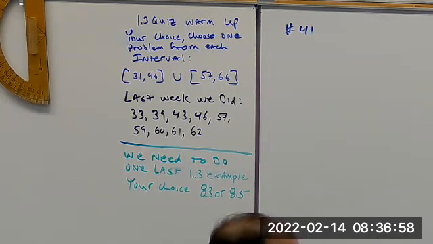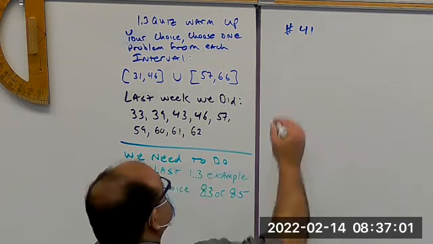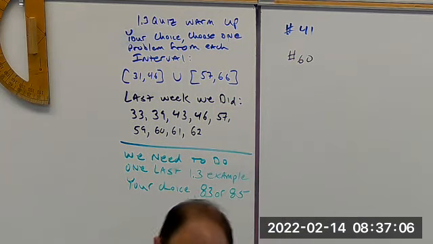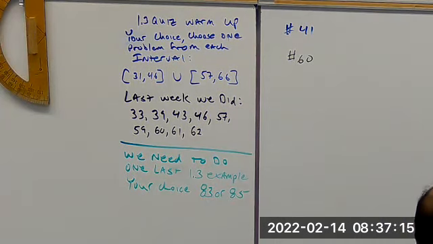Okay, let's do 60. All right. 41. f of x is equal to the piecewise function of 2x plus 1 when x's are less than or equal to 0, and 2 minus x when x's are greater than 0.